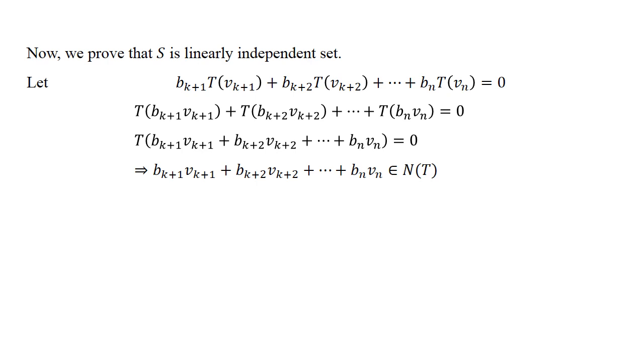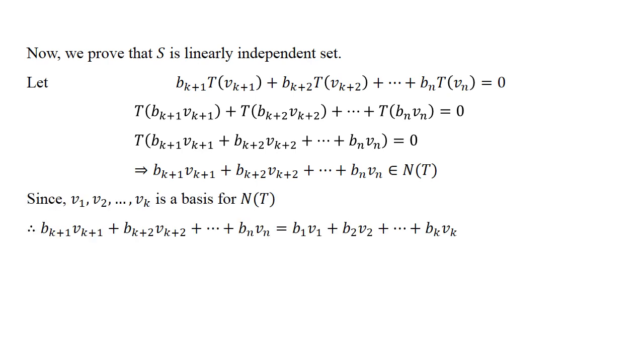We can take T common, and T of an expression equal to 0 means the expression belongs to the null space of T, which means bk+1 vk+1 + bk+2 vk+2 + etc. + bn vn belongs to the null space of T.